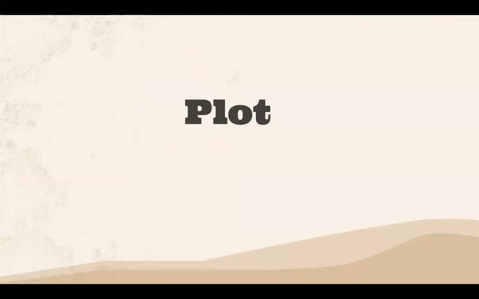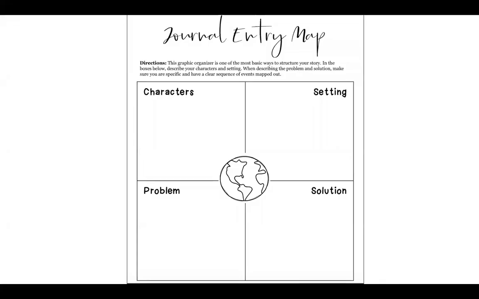Now we are ready to talk about the plot. And the plot is all the events that happen in your story. So you're thinking about the events that will take place in the diary entries that you end up writing. And to do that, we are going to work on a journal entry map that looks like the one on your screen right here.